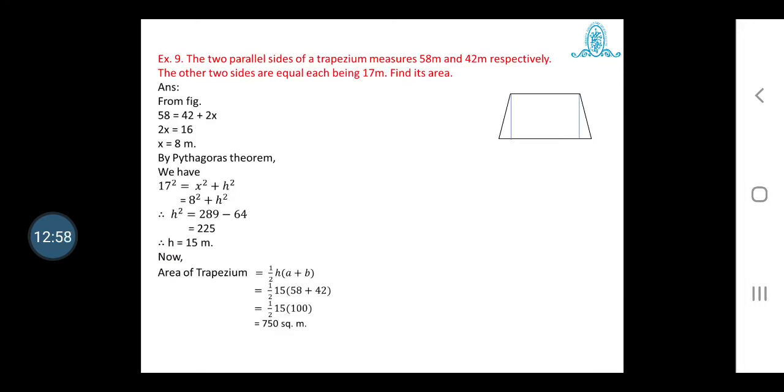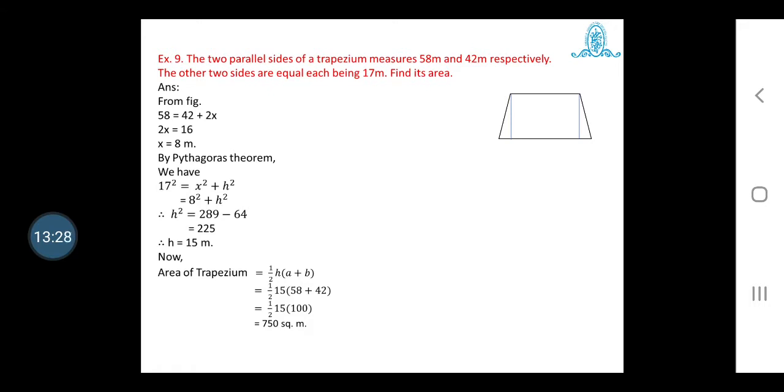Okay, the next one. The two parallel sides of a trapezium measure 58 meter and 42 meter respectively. The other two sides are equal, each being 17 meter. Find its area. Here the parallel sides are given, 58 and 42, and these opposite sides are 17. So how do we get it? From the figure, 58 is equal to 42 plus 2x.